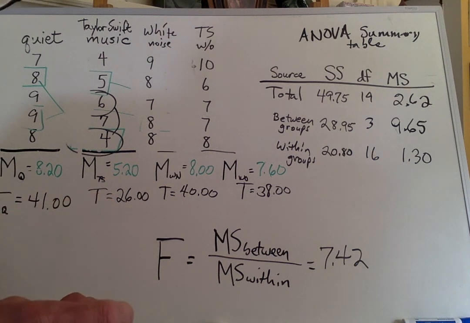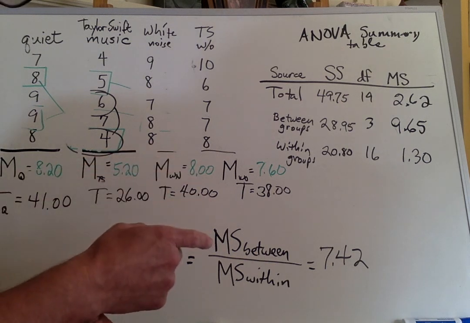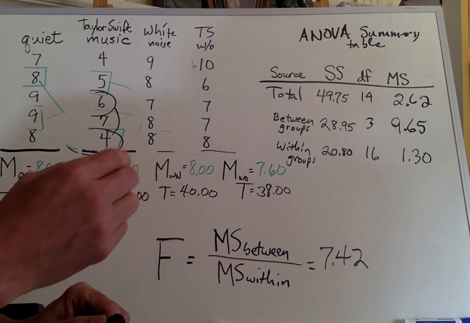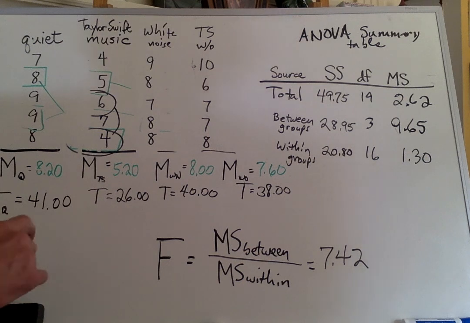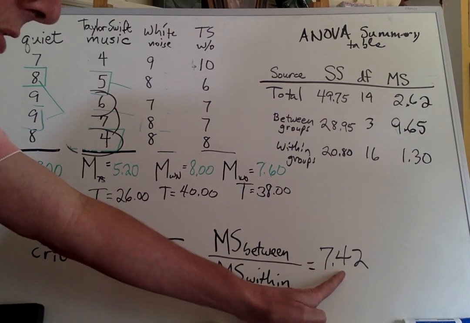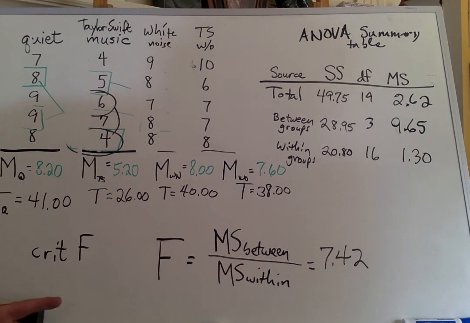But of course, this is not arithmetic anymore, right? What do you think we're going to do with that value for F? We're going to look up a critical F value, and compare what we observe to my critical.